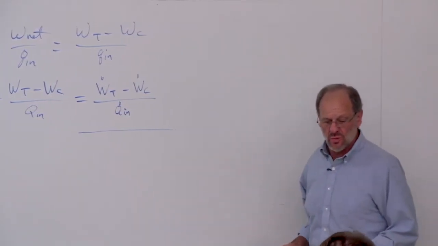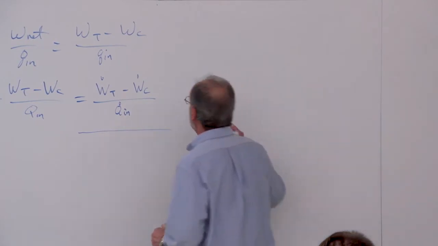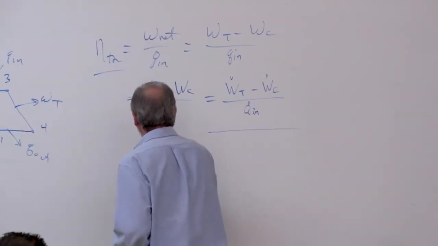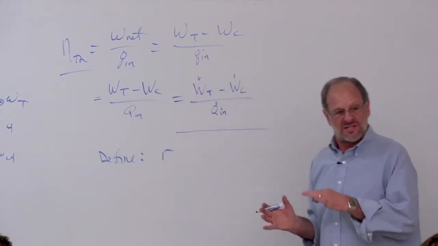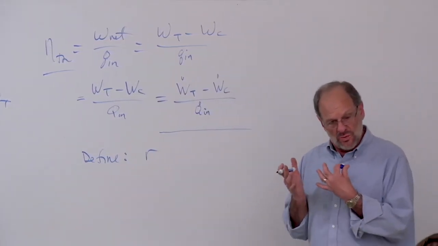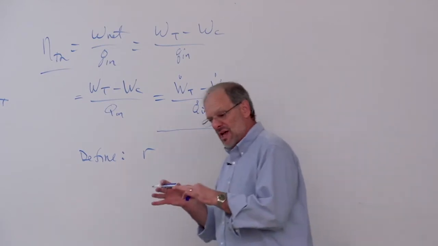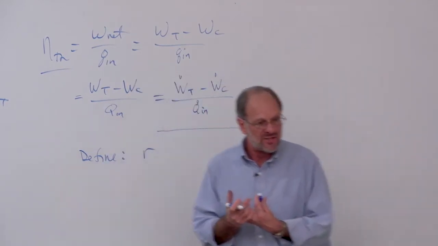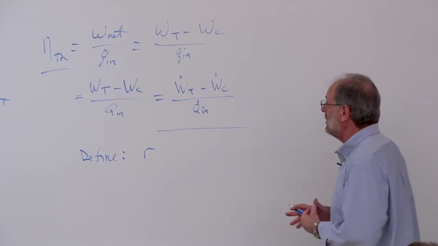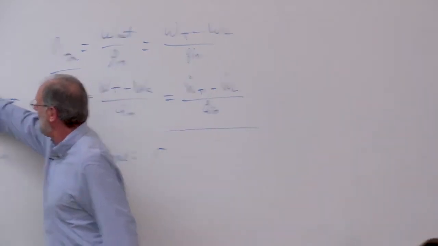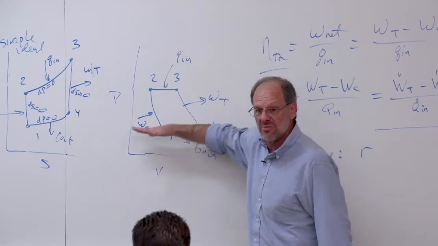One other thing I just want to define as we start looking at some of these equations is a ratio that's different than the compression ratio. When we looked at compression ratio, that applied specifically to these reciprocating engine cycles. But now we're actually interested in a pressure ratio. We know that there's a certain maximum pressure corresponding to heat input and a certain minimum corresponding to heat rejection.